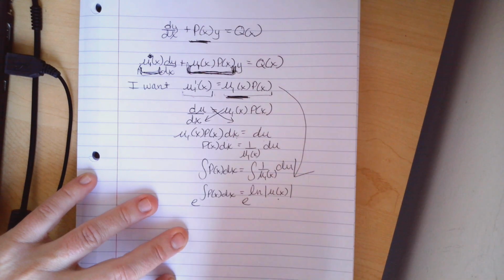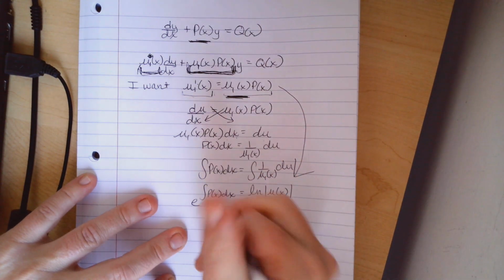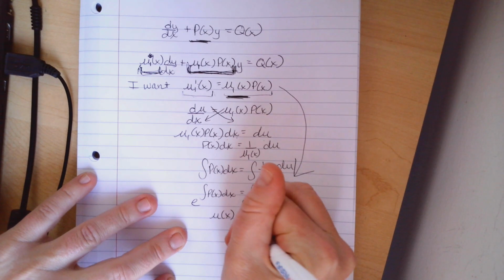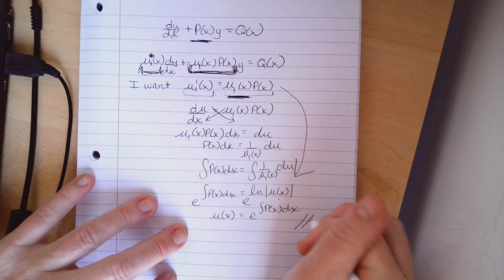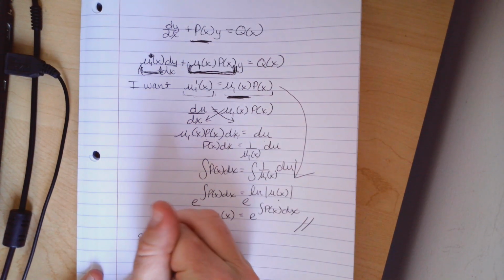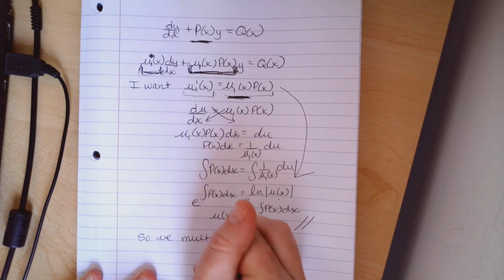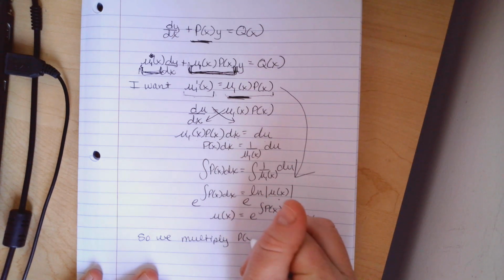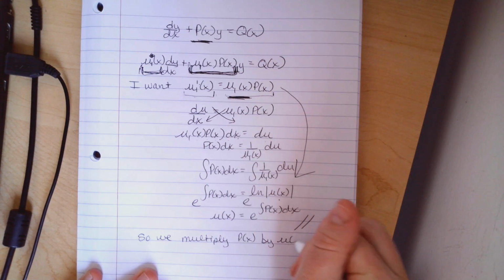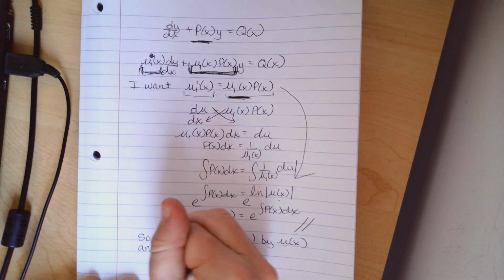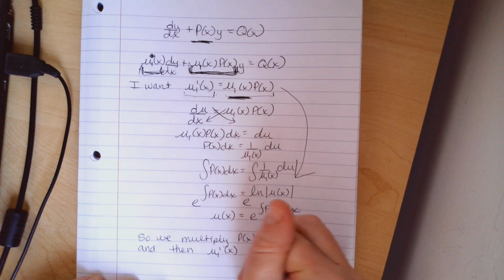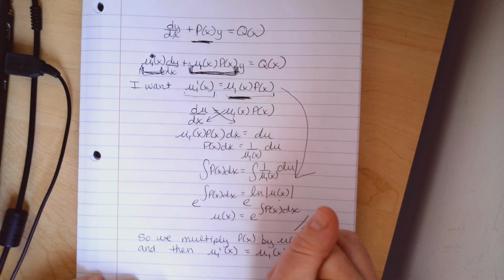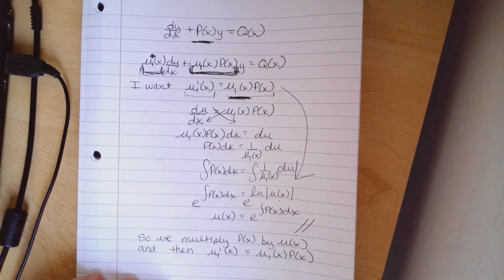Well, if I raise both of these to the e, and I'm just switching him to the left-hand side, I get u of x equals e to the integral of p of x dx. So we multiply p of x by u of x to make this true. Does that make sense?